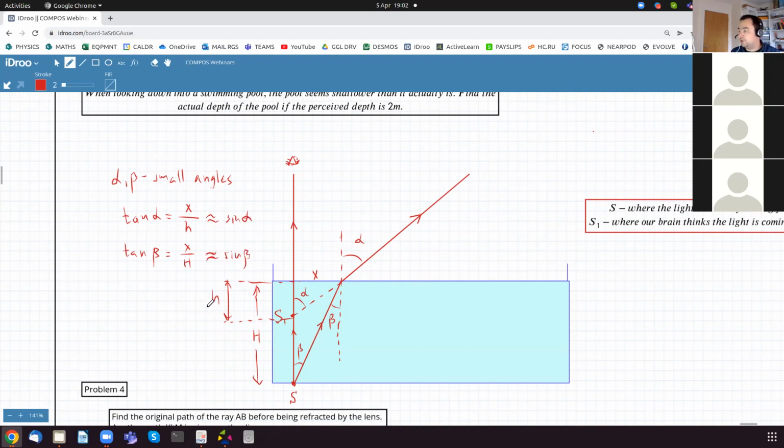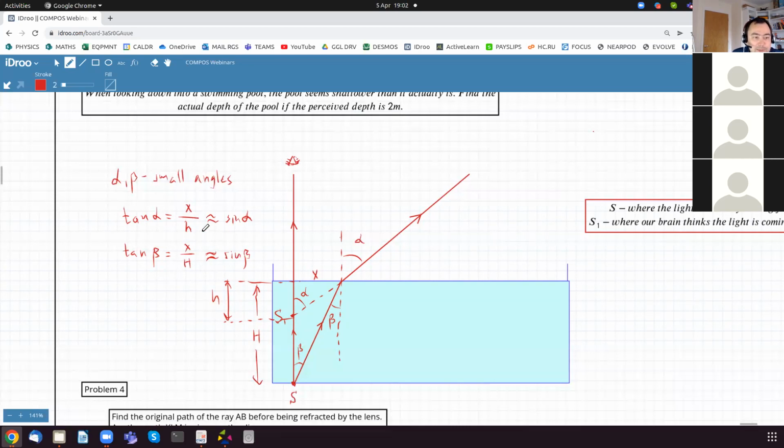Does everyone know that sine alpha is approximately tan alpha when alpha is small? No questions here? Good.